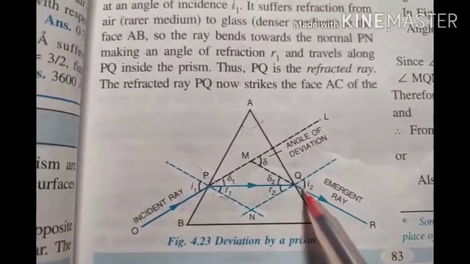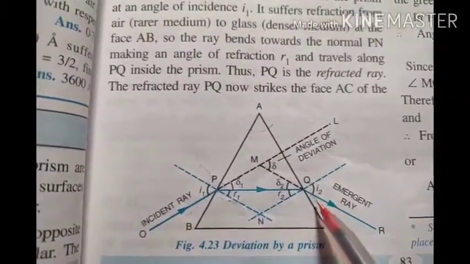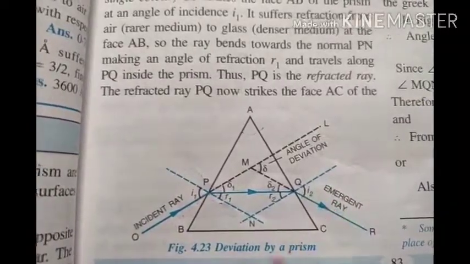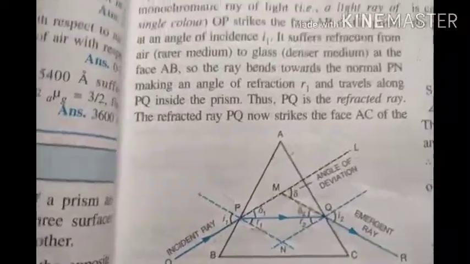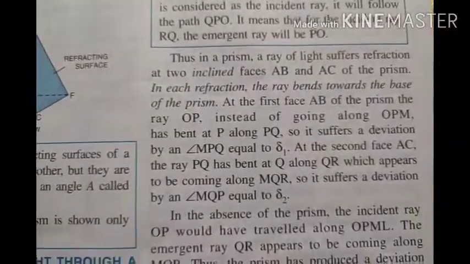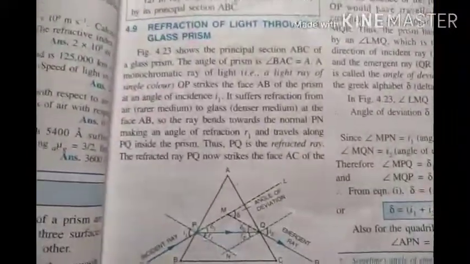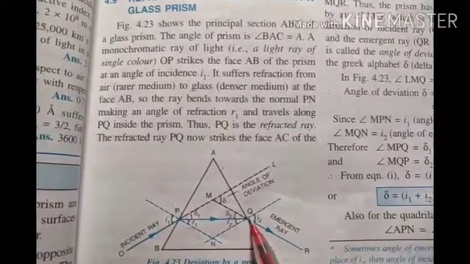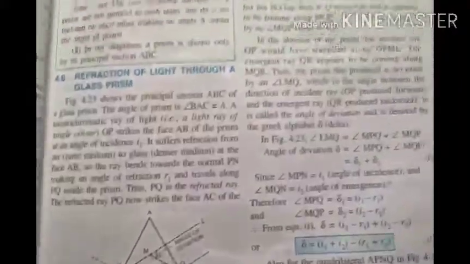And I2, the angle made by the emergent ray with the normal, we call the angle of emergence. One thing you have to understand here is that the refraction takes place at two different surfaces: incident ray, refracted ray, and again there is a refraction over here, and this is the emergent ray.